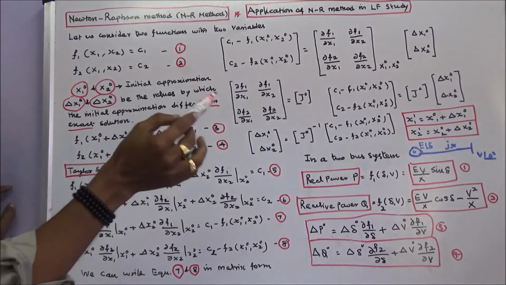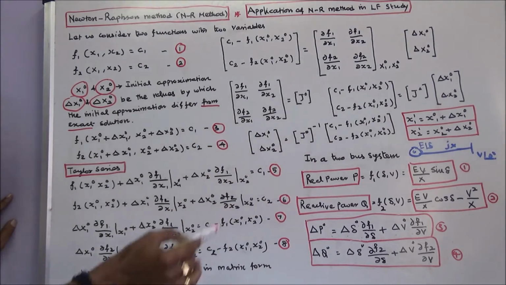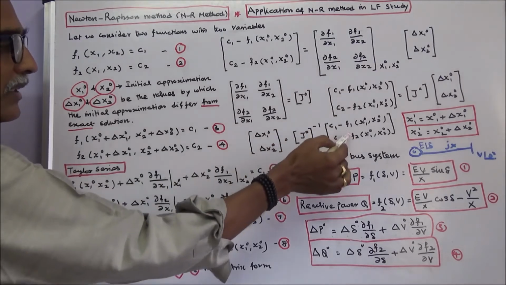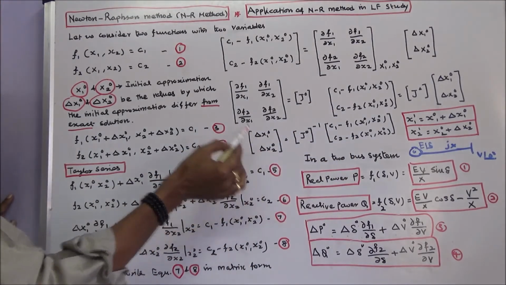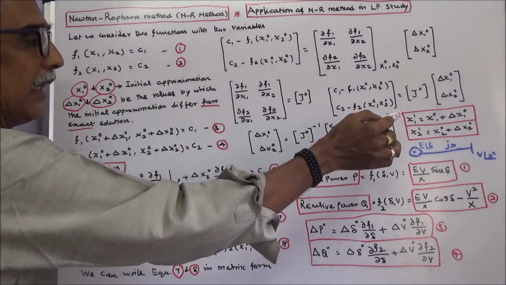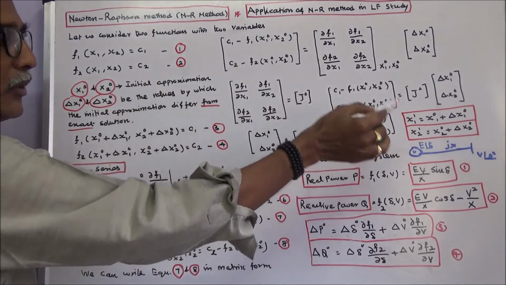Now I can easily calculate del x1 naught and del x2 naught, which is equal to the inverse of the Jacobian matrix times this matrix. The next approximation is x1 naught plus del x1 naught, x2 naught plus del x2 naught.